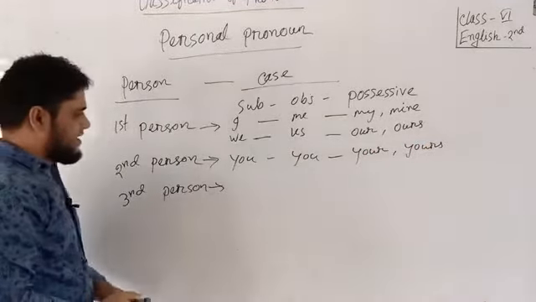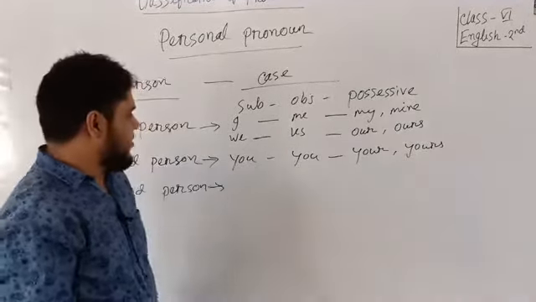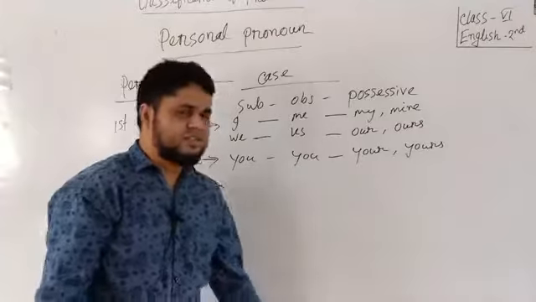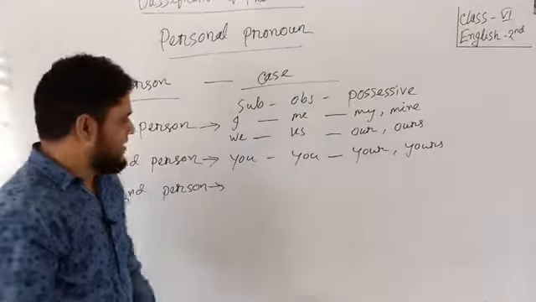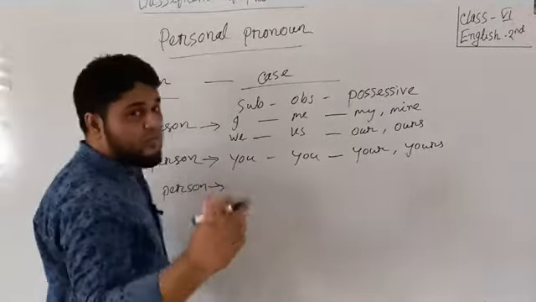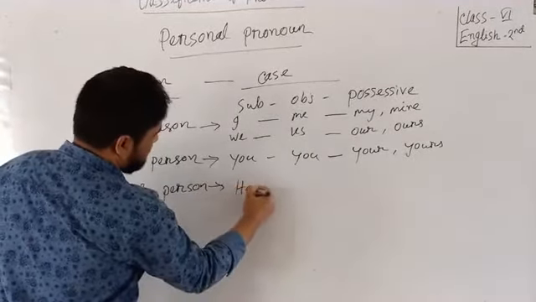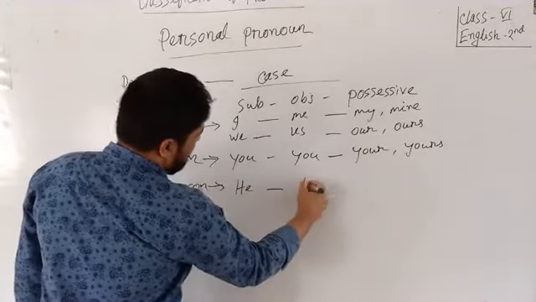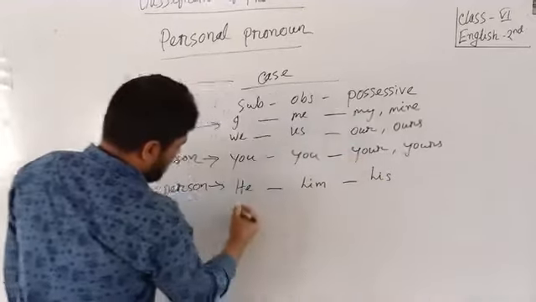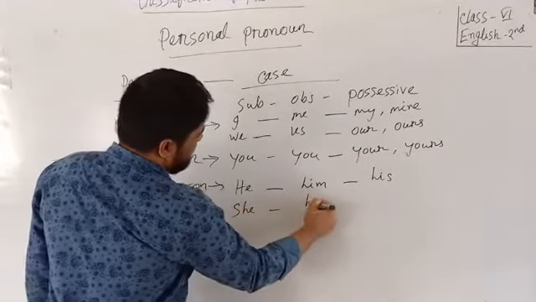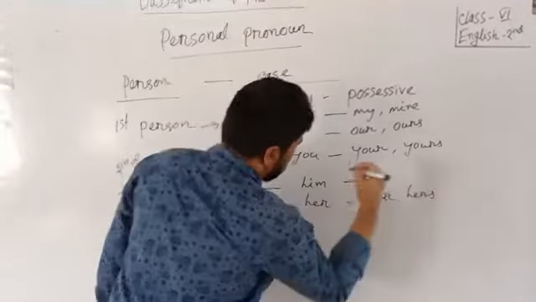And third person actually are a lot in number. Those things we have in the world, except the first and second person, are called third person. And the most popular third person are like he, and the objective form of this is him and his, she, her, and it may be hers.